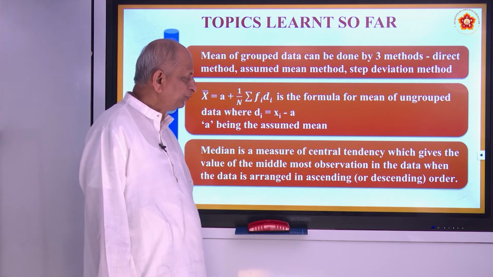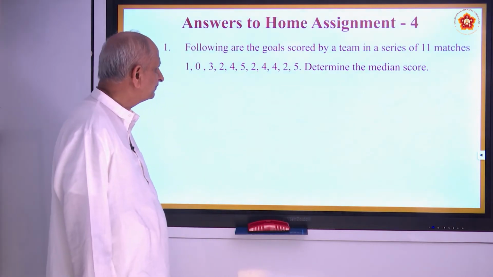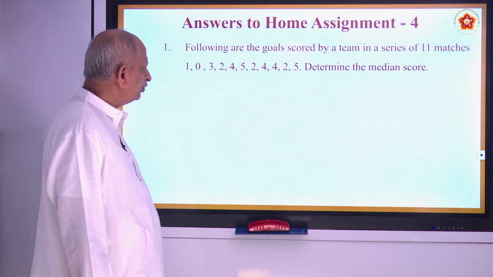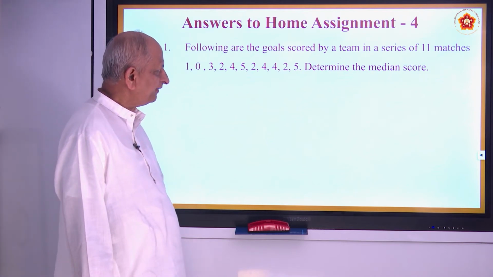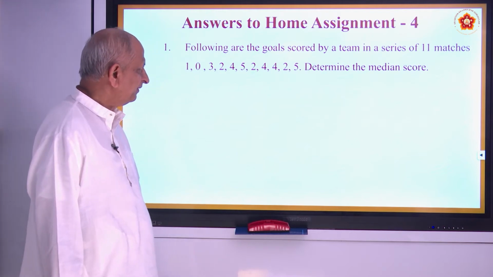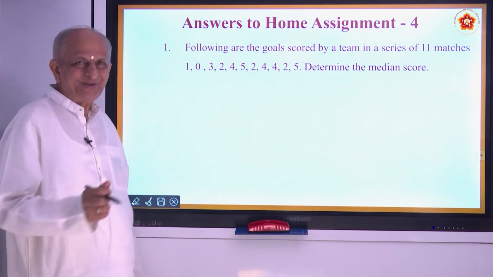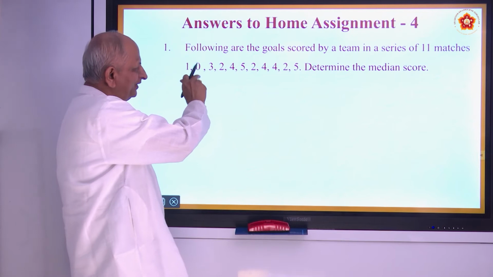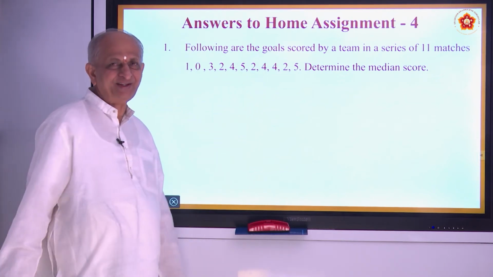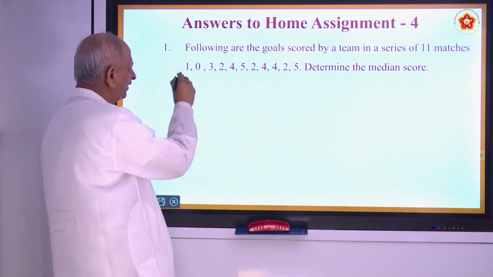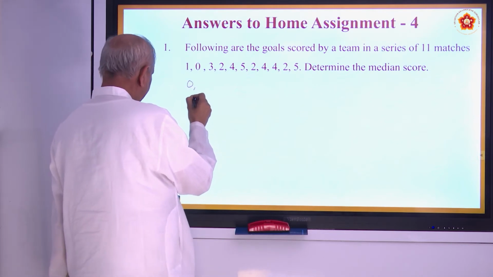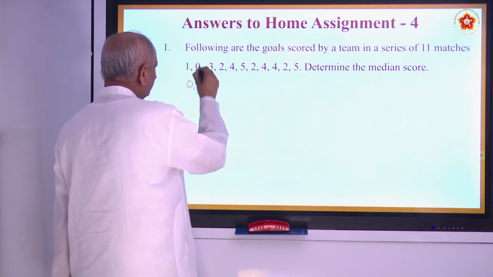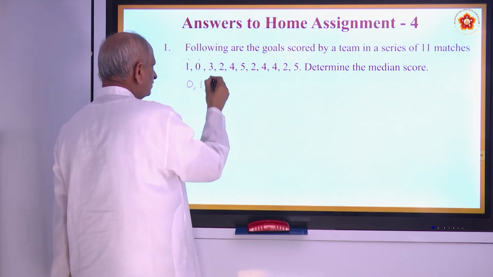Now let us come to the home assignments. Following are the goals scored by a team in a series of 11 matches. Determine the median score. So what is the first step? You have to arrange the numbers in increasing order, right? 0 is the lowest. Then you have 1. You must go on ticking out.